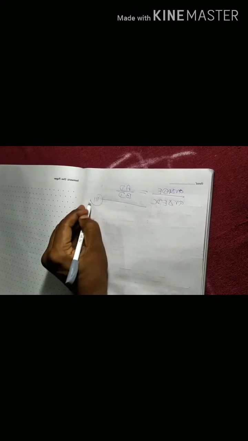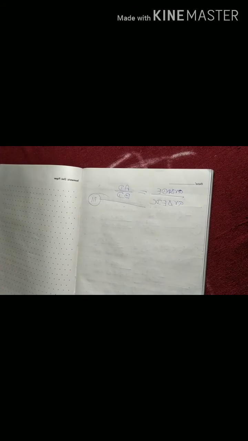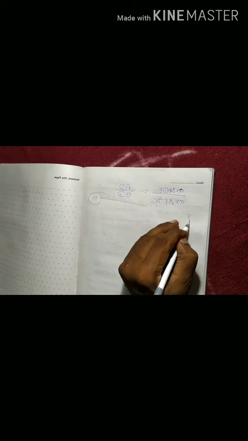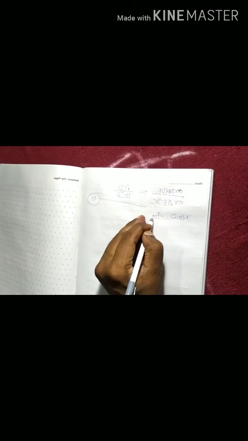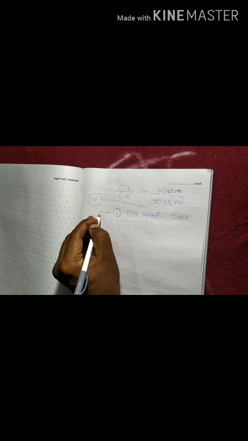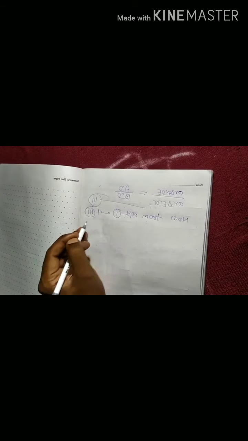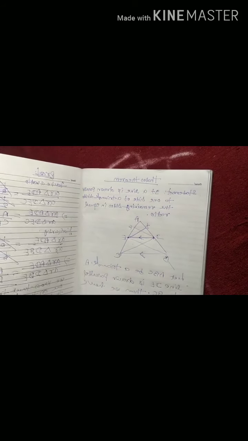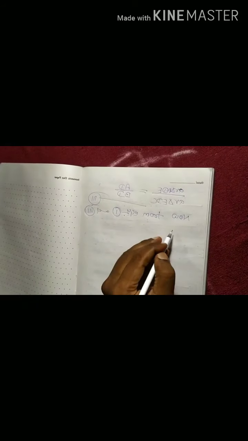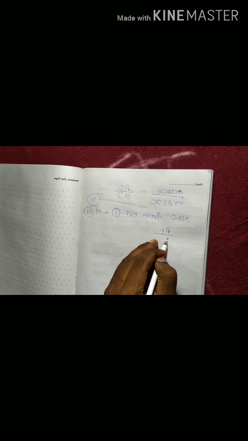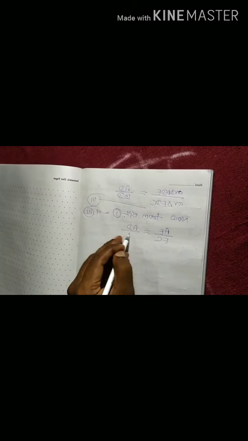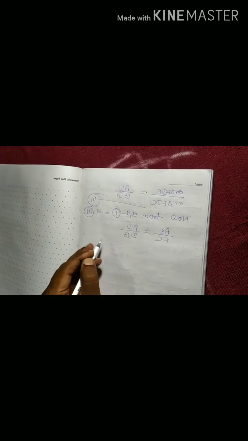Equation third. Now from equation first and third, AE by EC equal to AD by DB. Proved.